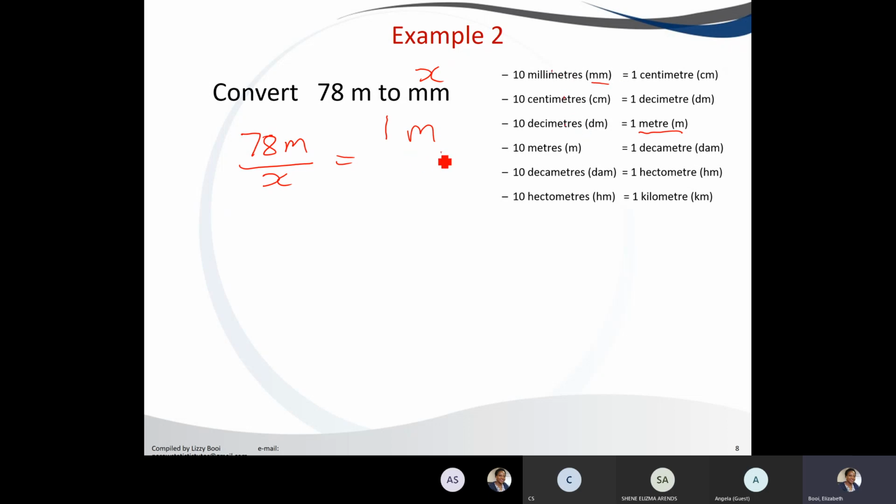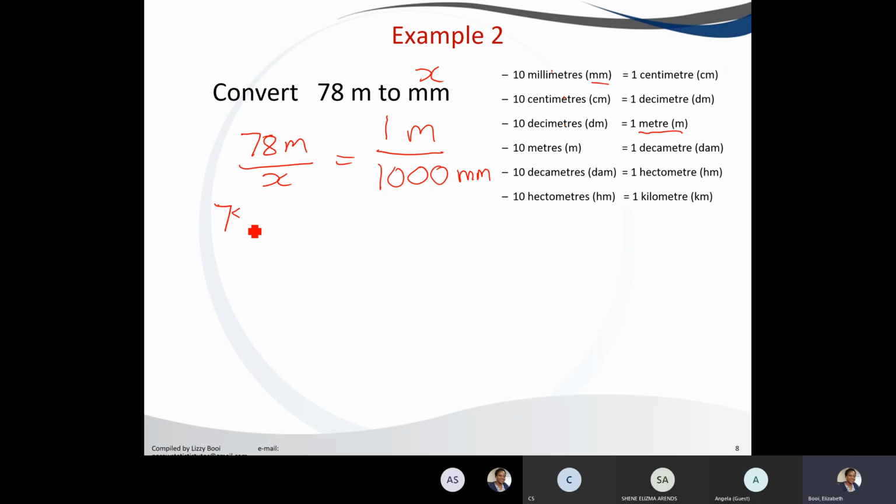So 1 meter is equivalent to 10 times 10 times 10, which is 1,000 millimeters. Since we want to make X the subject of the formula, we cross multiply by X, by 1 meter, and by 1,000.